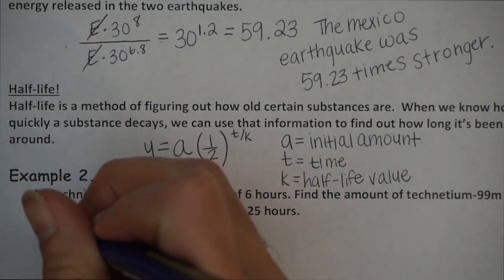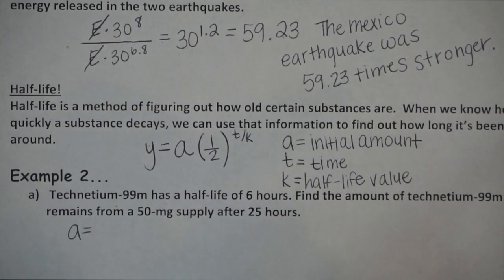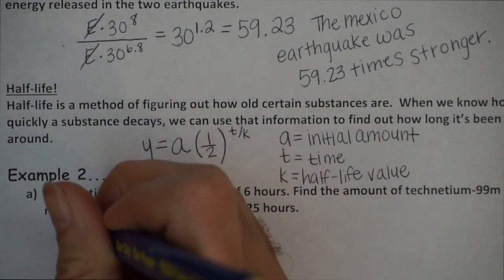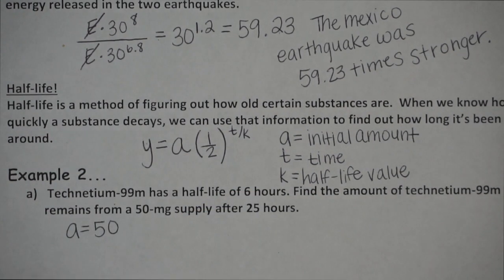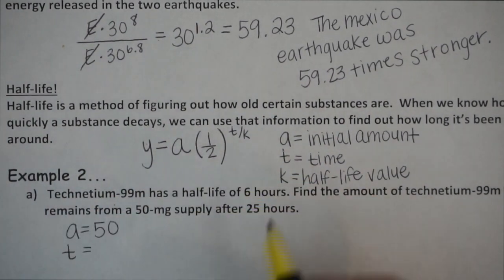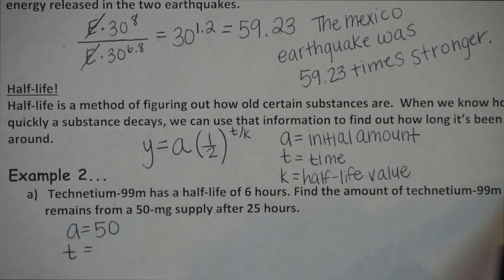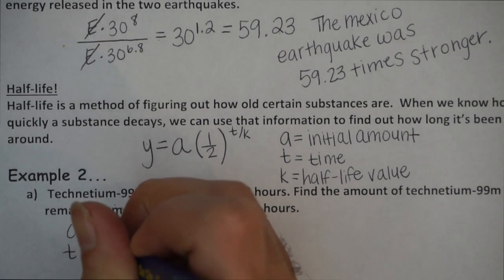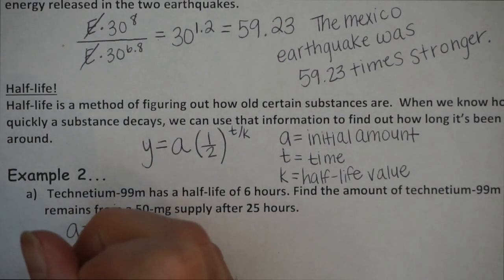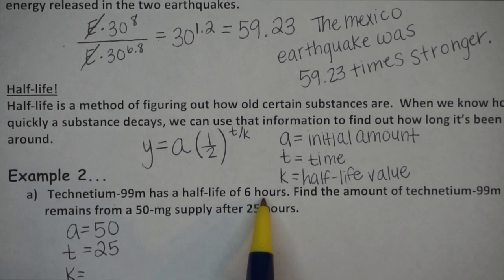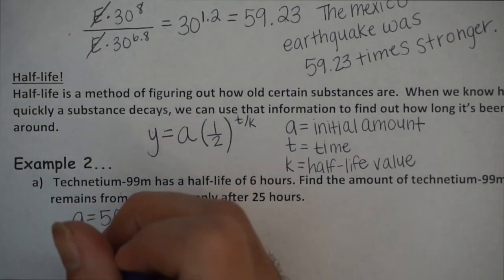So a is our initial amount. So that is starting with 50 milligrams. A equals 50. All right, t in our problem, t for time, is going to represent how much there's going to be after 25 hours. All right, and then k is the half-life, and they told us that the half-life is 6 hours long.